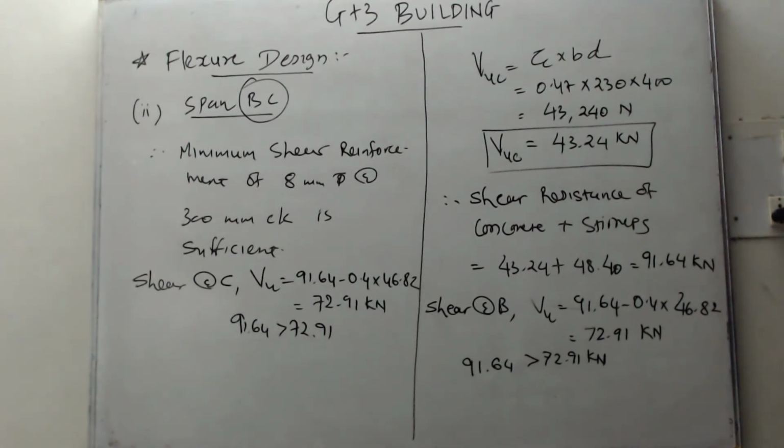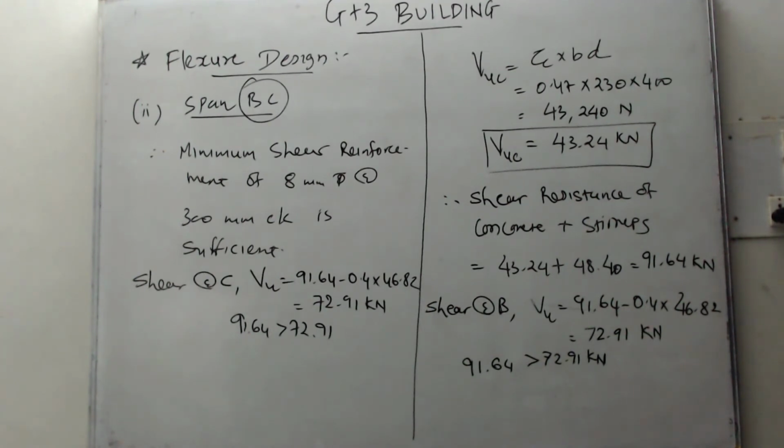So if this condition arises, minimum shear reinforcement is sufficient. We can provide 8 mm diameter at 300 mm center to center throughout the span of our beam BC, right?